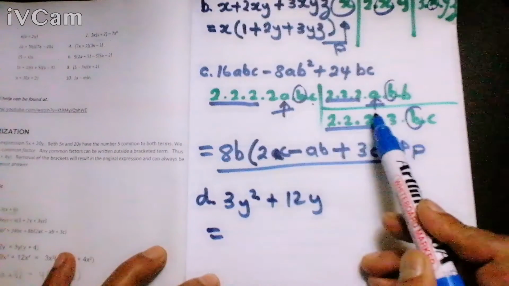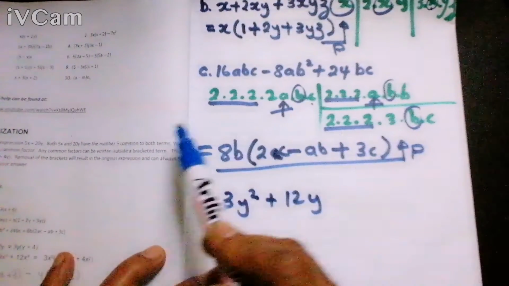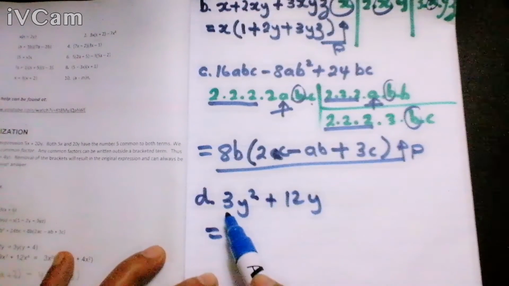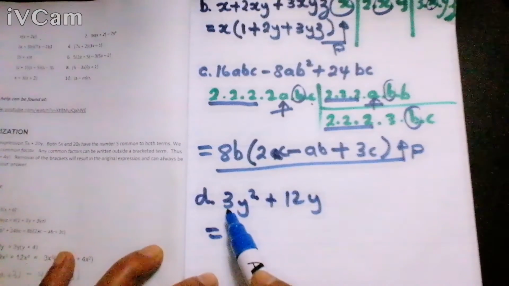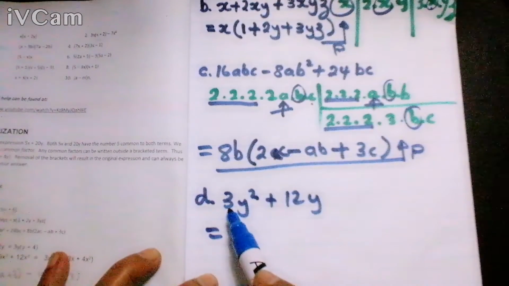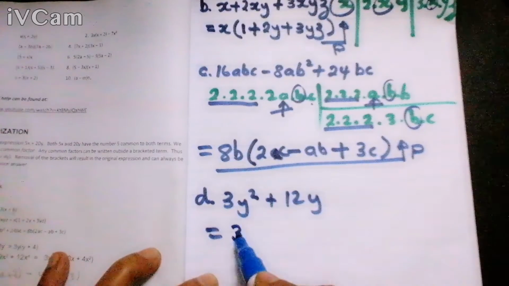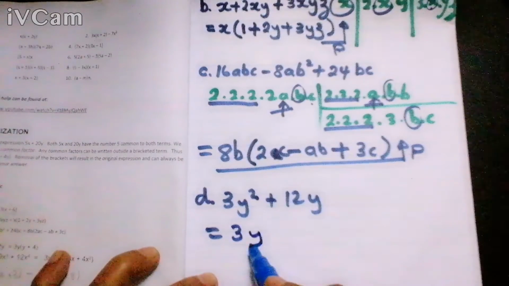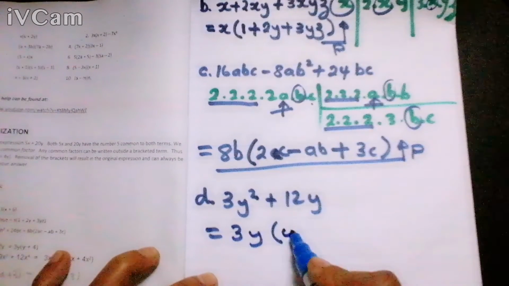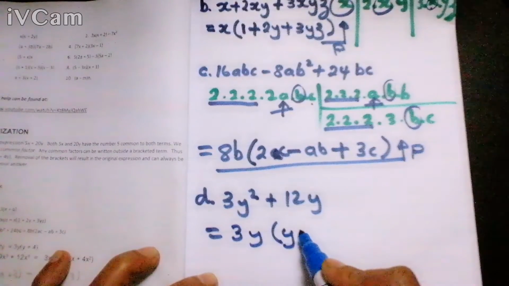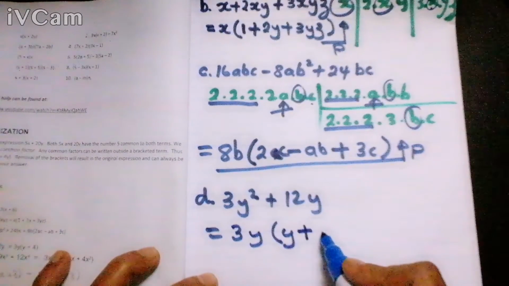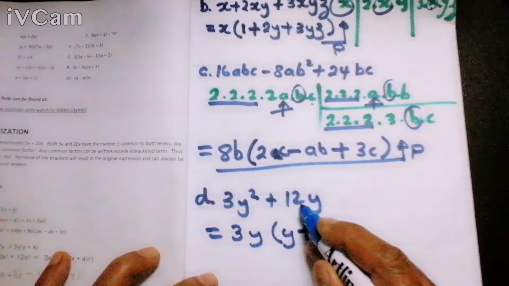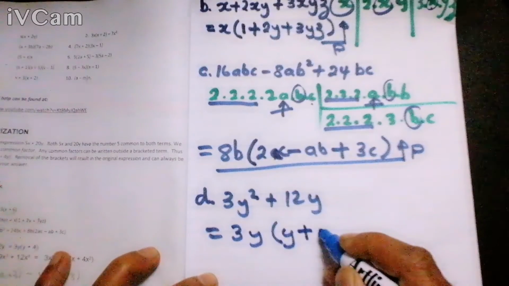It was just to give you an idea of why we did things previously, and you already can work out in this case here it is 3 that's going to be common. So the number that's going to be common there is 3, and the variable that's going to be common is going to be y. So what I will be left with is y, and that which will be left in the second term is 4, because the y will be out, and 3 times 4, 3 will be out, you'll be left with 4.